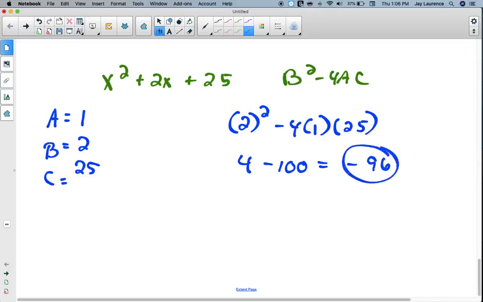Of course, no perfect square is negative. What's the smallest perfect square? Why, 0, of course. 0 times 0. You cannot have a perfect square in the negative number system. Now, please don't assume that whenever you use the discriminant, when it's not factorable, you're going to get a negative. No, you just get a number that's not a perfect square. If I'd done all this work and gotten 12, the trinomial would not be factorable, or the polynomial, I should say. Okay, so this is prime, cannot be factored any further.